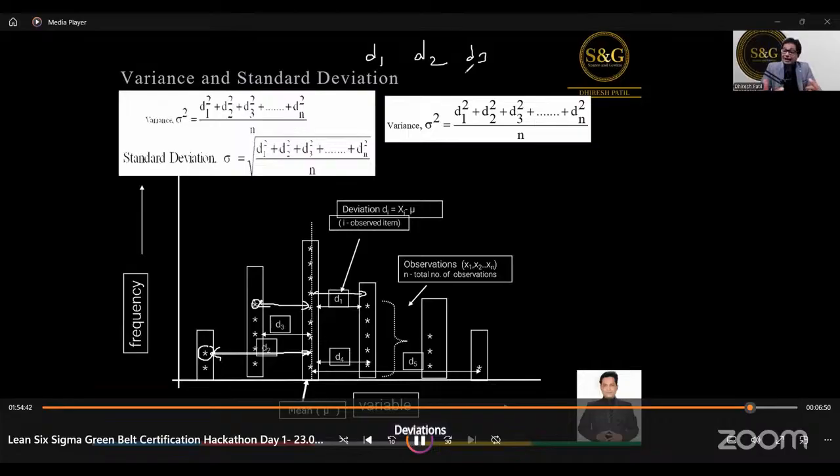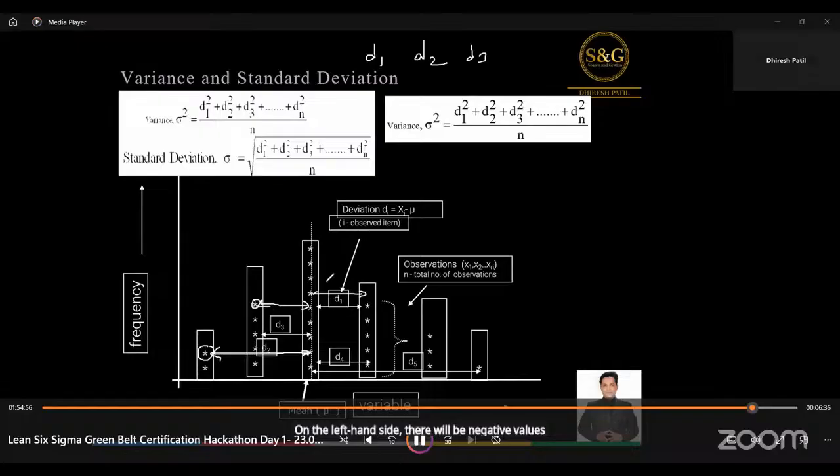The next step is this: there will be a few positive values and a few negative values. On the left-hand side there will be negative values, on the right-hand side positive values. If I take the direct average, negative and positive will cancel each other out and it will not give me the right answer.